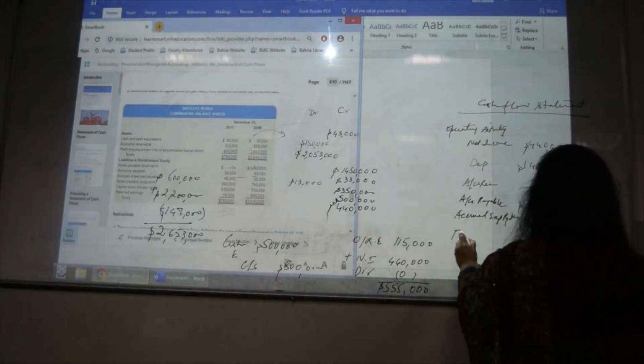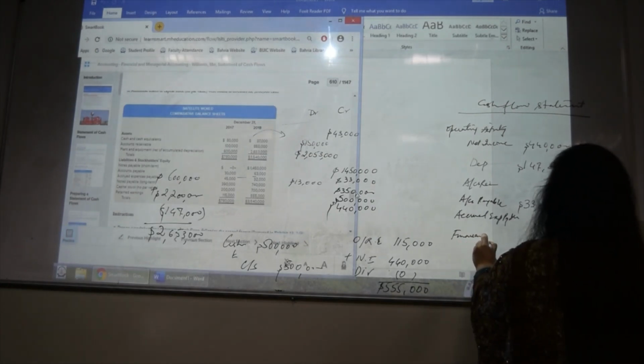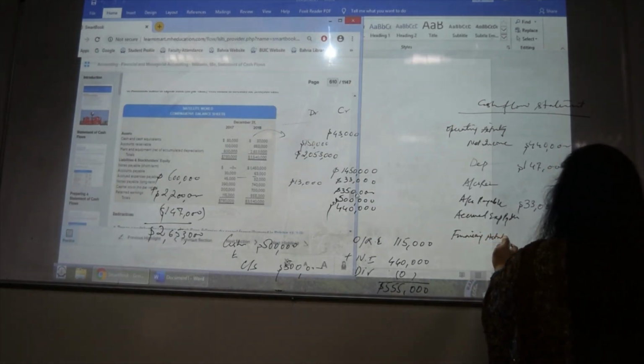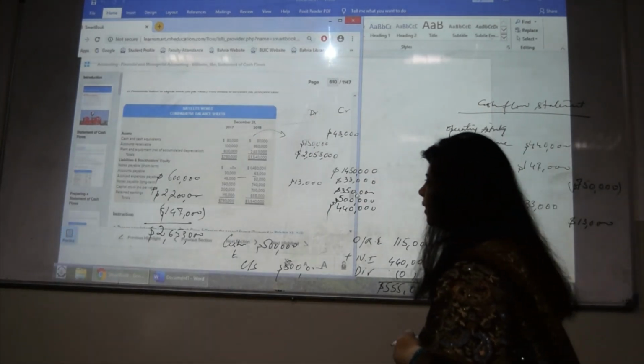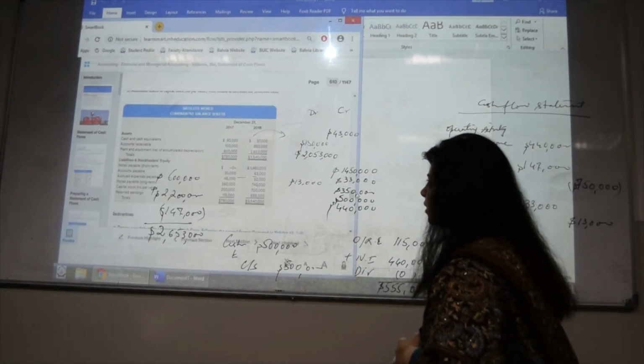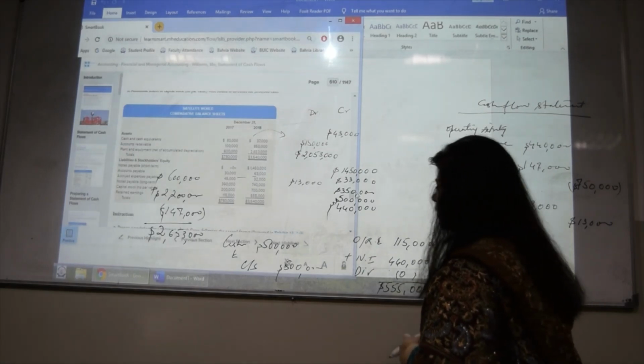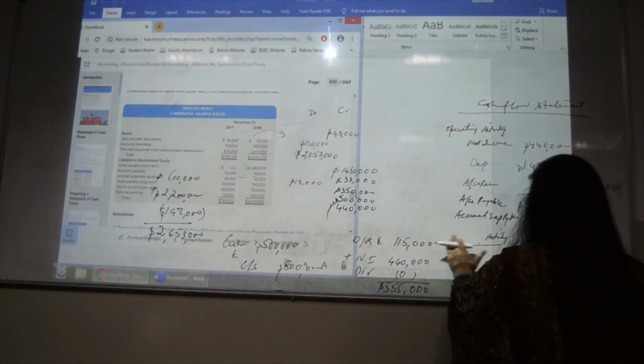Then comes the financing activity. You can just sum them up individually. But before that we also have an investing activity.